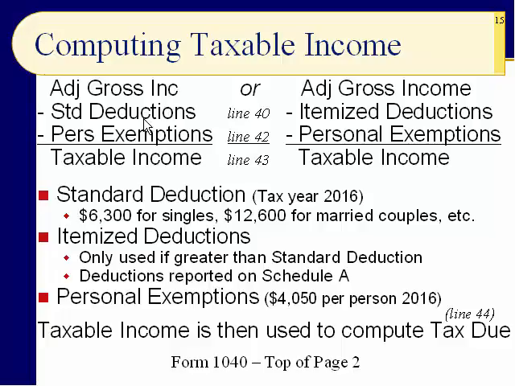Adjusted gross income minus standard deductions minus personal exemptions, or adjusted gross income minus itemized deductions minus personal exemptions gives us the taxable income. And then we use the taxable income to compute our tax due. See, it says that right there. Sounds like a test question. It may be on the test, right? Taxable income is used to compute your tax due.